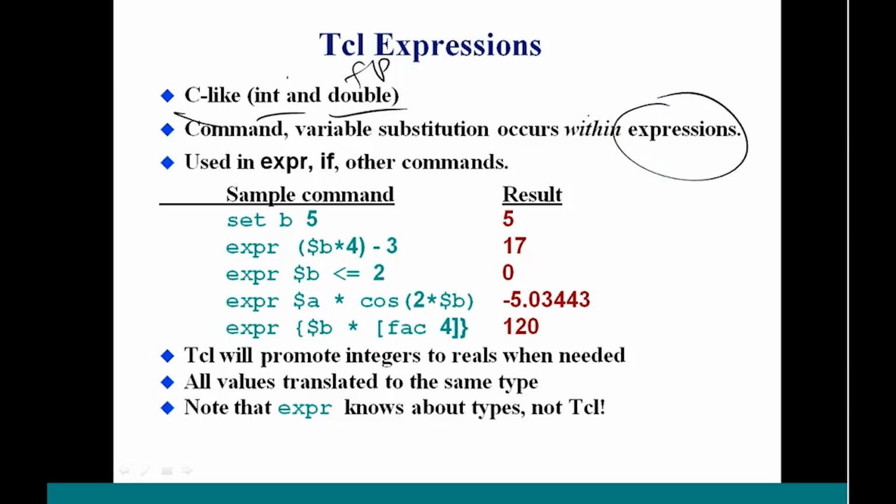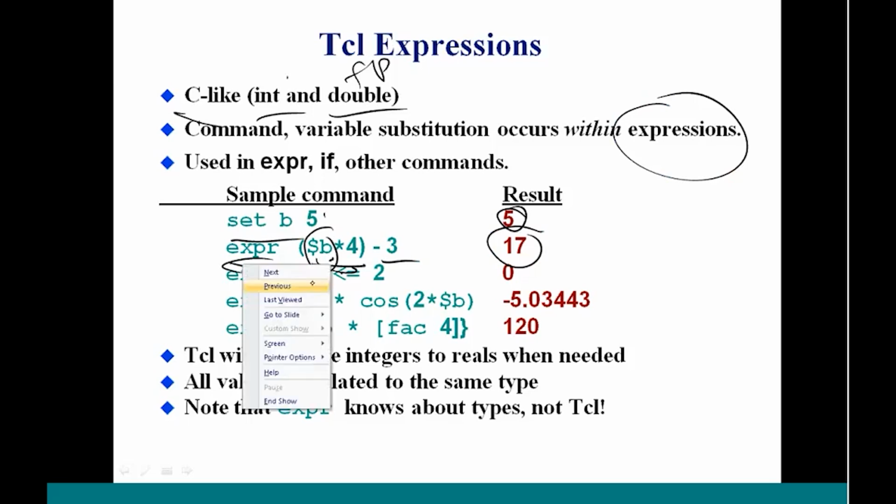So here are some sample commands. Set b 5, so the result is 5. Now we have this command called expr, $b times 4 minus 3, so the answer is 17 because this gets substituted with 5, so it's a variable substitution. So that is 20 minus 3, which is 17.